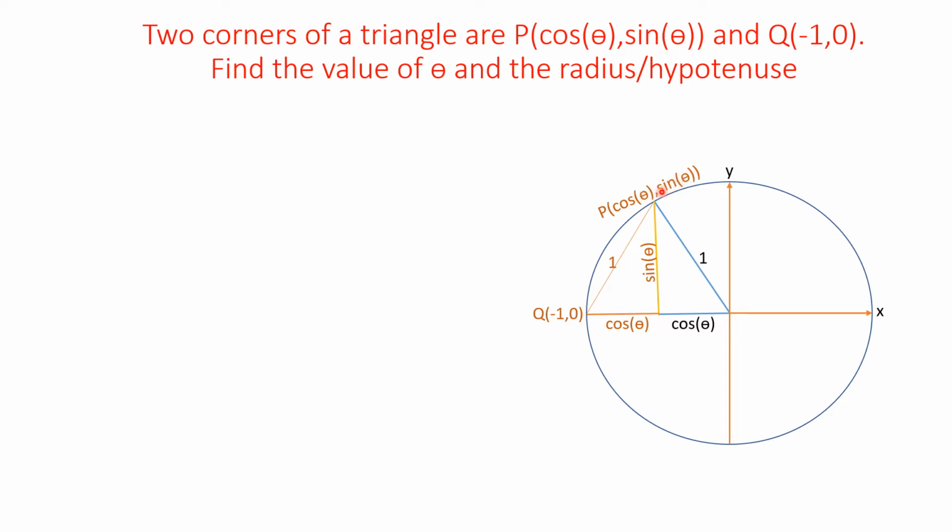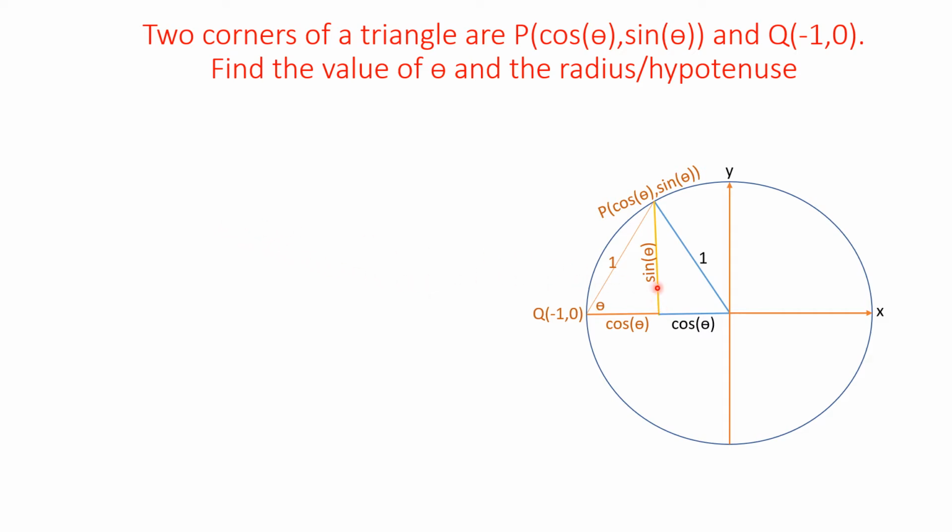That is, the x value for the point P is cosine theta, which measures from the origin to the point where we have this perpendicular line. So this is cosine theta, and sine theta is the vertical line which is projected from the point P and it's perpendicular to the x-axis.